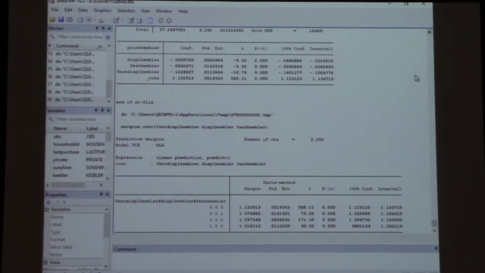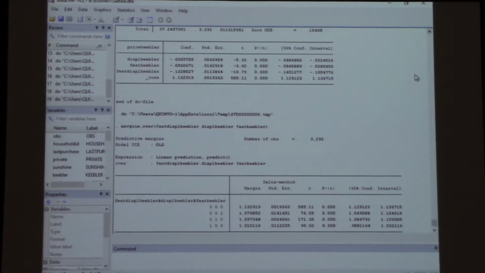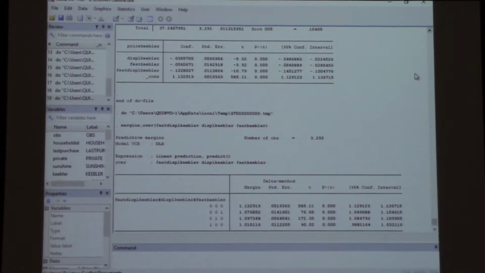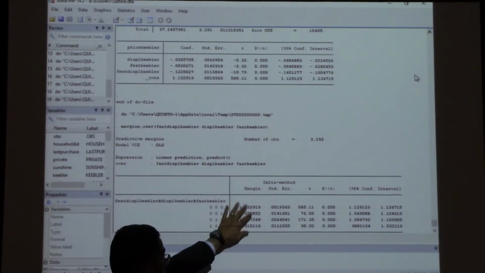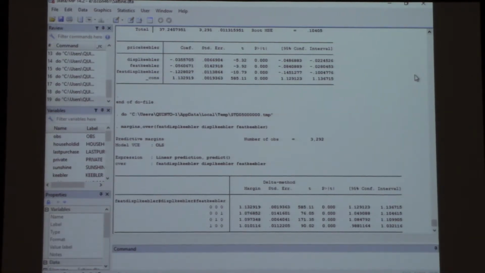So 000 is the constant when it's off promotion, and it's $1.13, 2919, and so on. So here we have a table of results. And are these differences statistically significant? From the regression, we know yes, but here are results there. And essentially what we're doing is a t-test to see if these dummies are statistically significant.